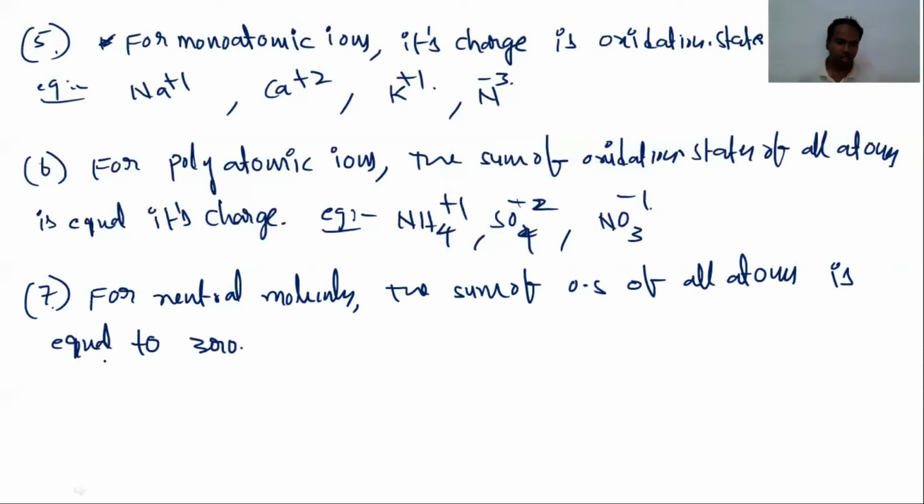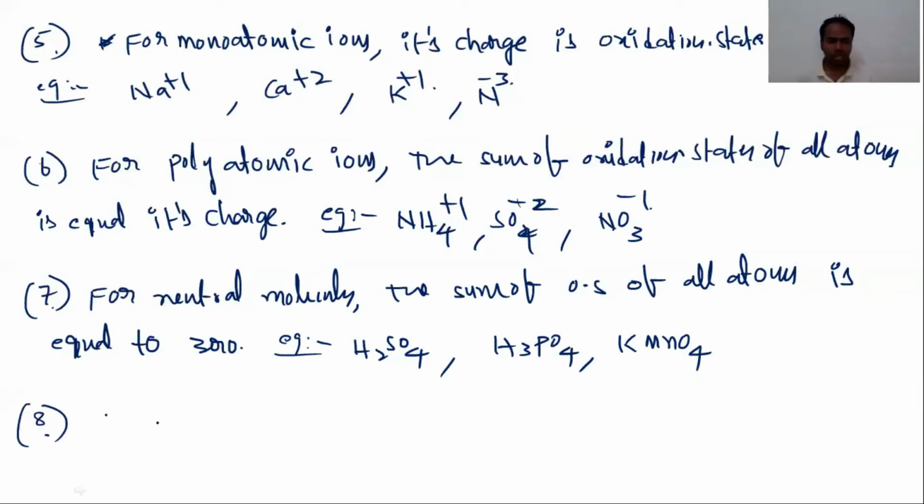For example, take H2SO4. This is a neutral molecule, there is no charge here. H3PO4, a neutral molecule. There is no cation and no anion. KMnO4, K2Cr2O7, all these are neutral molecules. Now come to the eighth point.